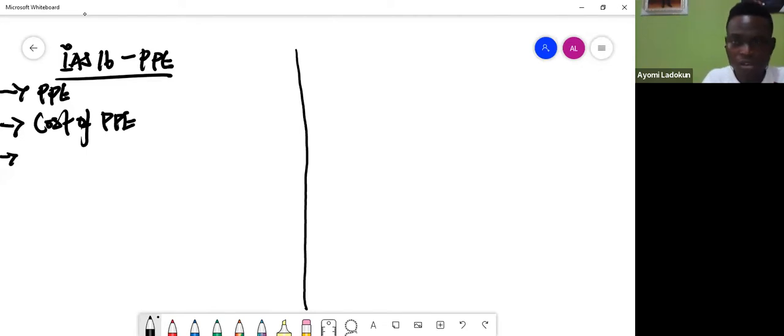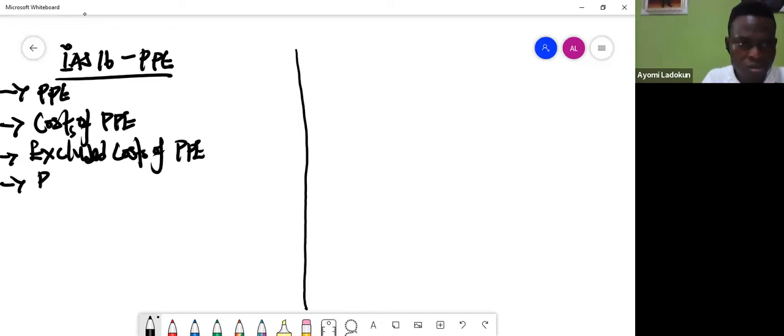After knowing the cost of PPE, you also need to know excluded cost of property, plant, and equipment. From there, you should know recognition criteria.